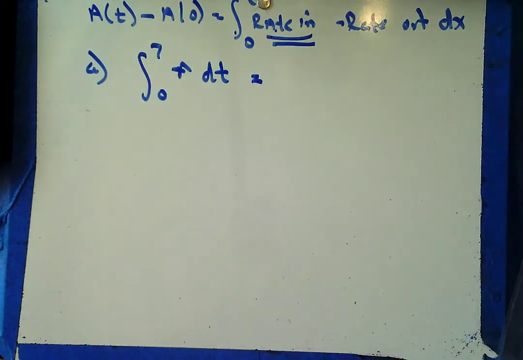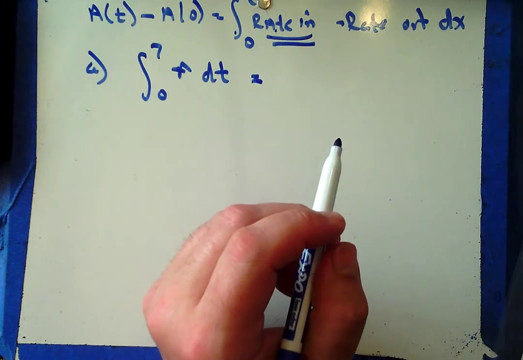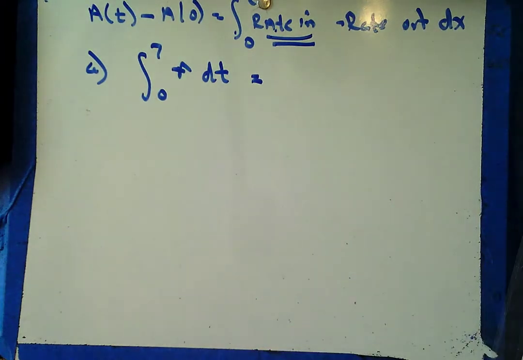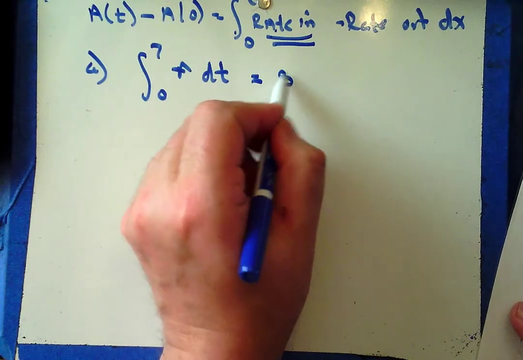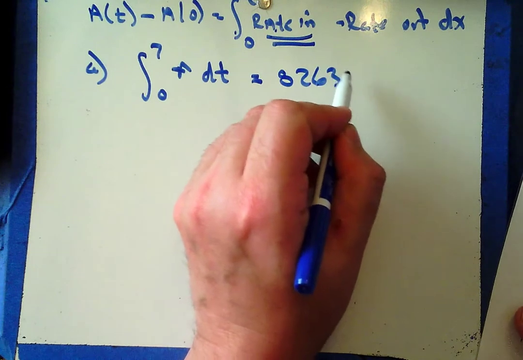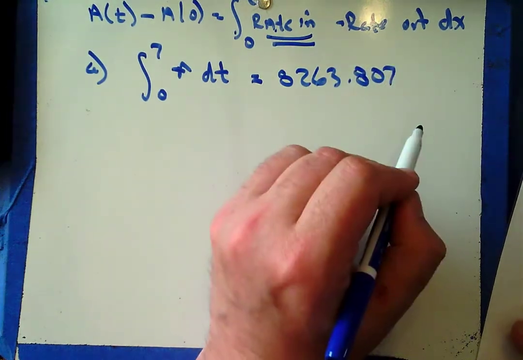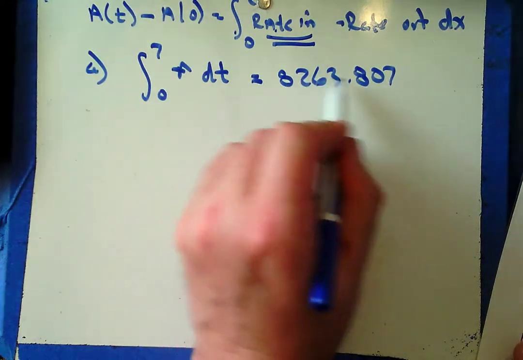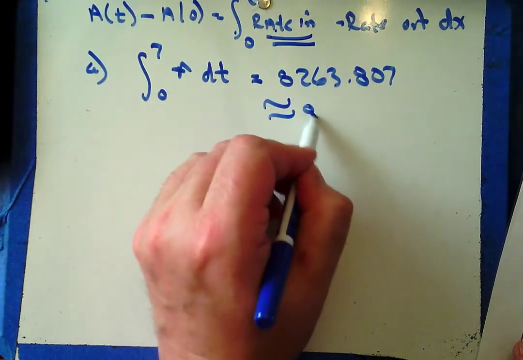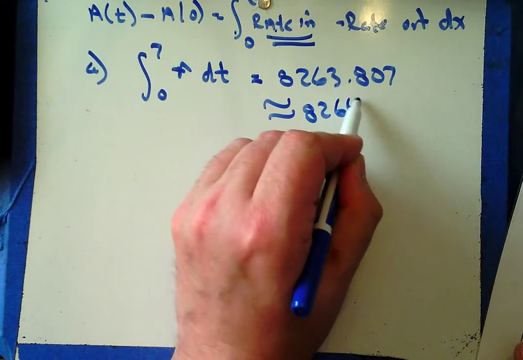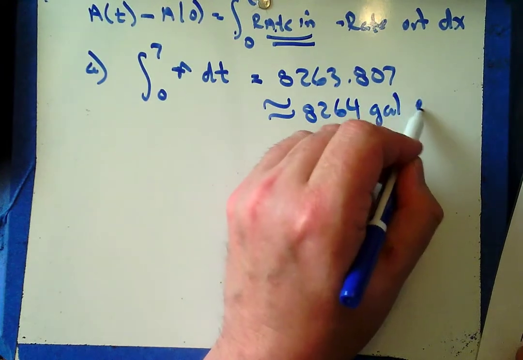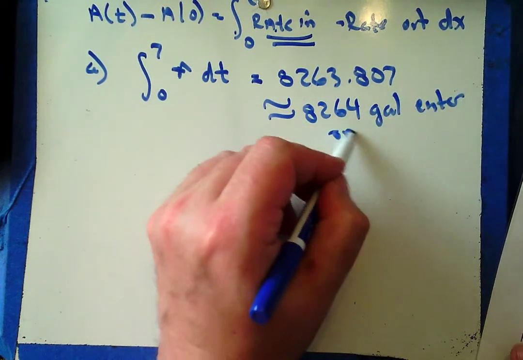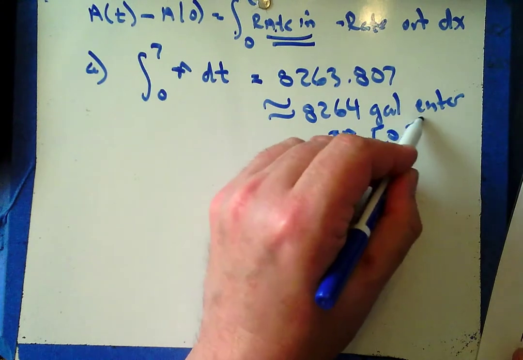So if I integrate f from 0 to 7, I get 8263.807. I read the question again. It says round your answer to the nearest gallon. And so this is approximately 8264 gallons enter on 0 to 7.